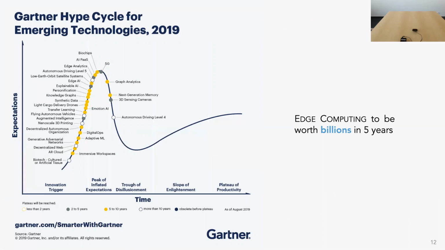It was launched last year, and the prediction was that everything which is edge AI, edge analytics, and 5G related, is at the peak of inflated expectations, which means that it's something which is becoming super popular at the moment, edge computing, because people understood that with so much data it is not feasible at all times to send it to the cloud. Therefore, we just move the computing closer to the source. And some estimations even say that edge computing will be worth billions in 5 years. So it's quite a big market to explore.